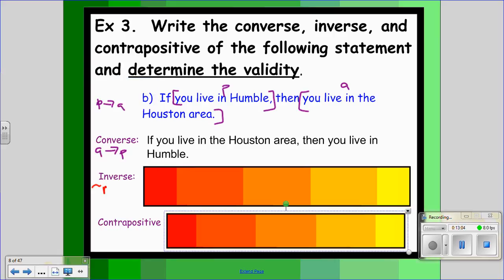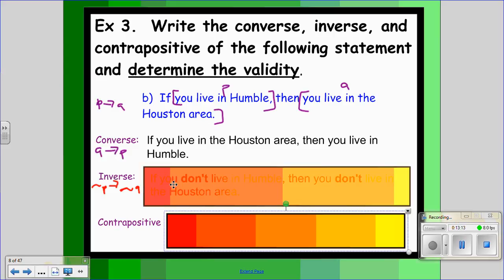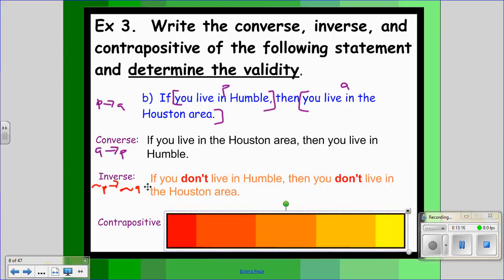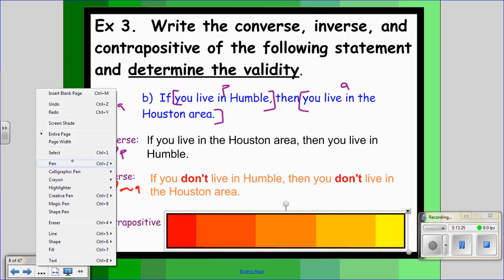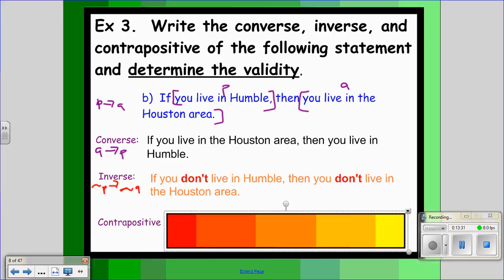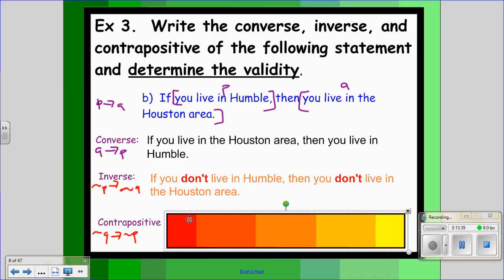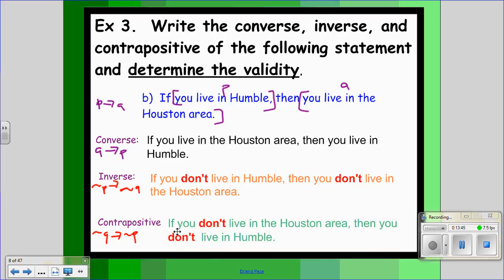So not P, then not Q. So if you don't live in Humble, then you don't live in the Houston area. And then we have to write the contrapositive, and we write it in the format of not Q, then not P. And it would read, if you don't live in the Houston area, then you don't live in Humble.